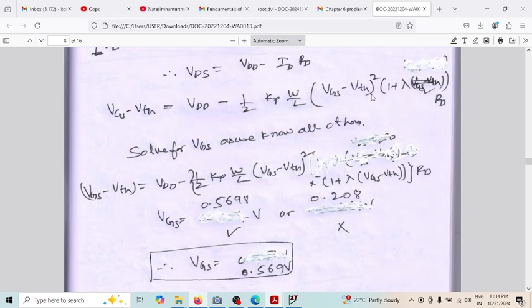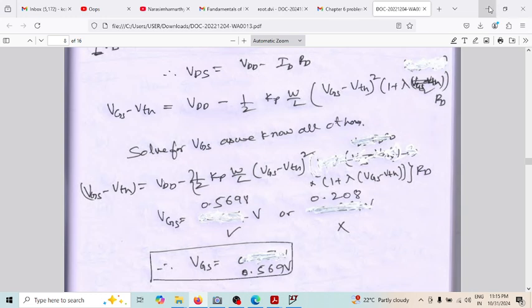Of course, there is a slight variation in the value that you will get there. So it is coming out to be 0.186. It's again because of the decimal values that we are considering in finding the value of this entire expression. When we are verifying, we have to substitute all decimal values, then the value will perfectly tally. Otherwise, the value of VGS equal to 0.569 is a correct answer.